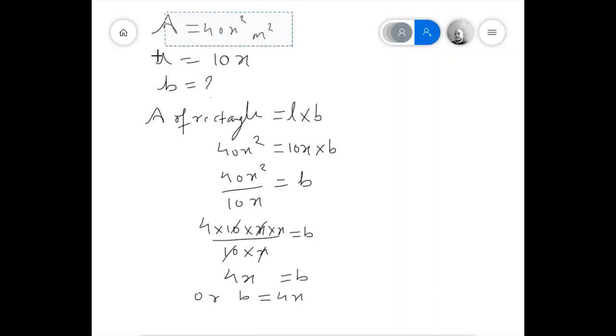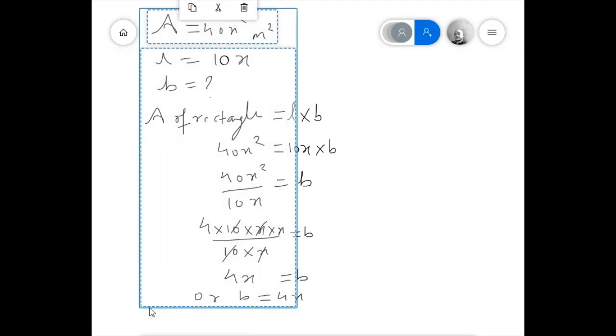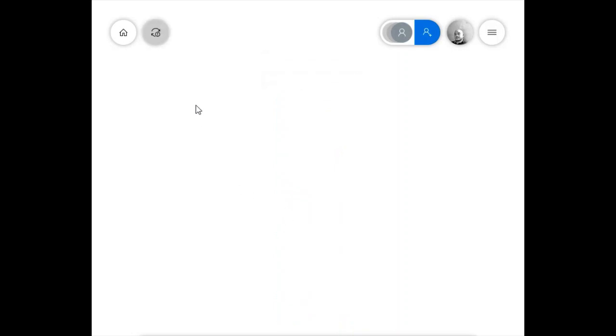Let us take another example. The question is: divide the polynomial 18x square plus 9x.